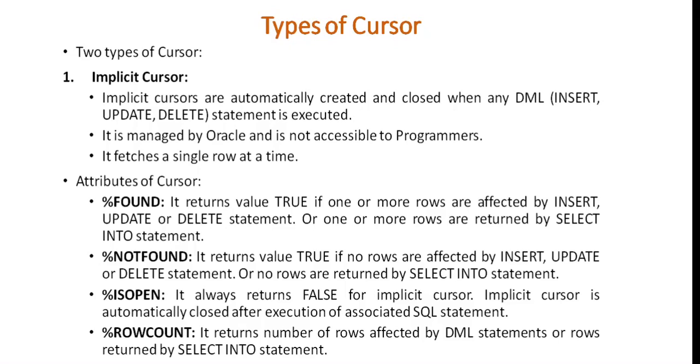If number of rows affected by any insert, update or delete statements are more than one, then it will return that count. It will return the number of rows which are processed by DML and select into statement. So these are the attributes. These cursor attributes are mainly used to indicate the status of cursor with which we are working in our PL/SQL block.